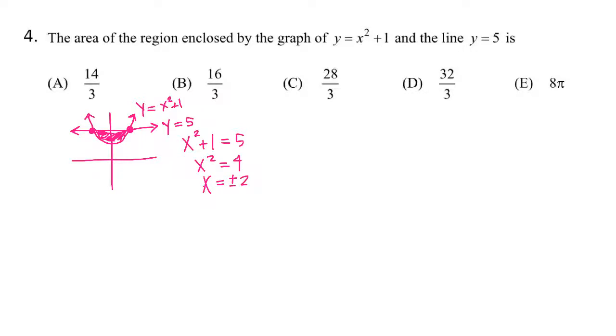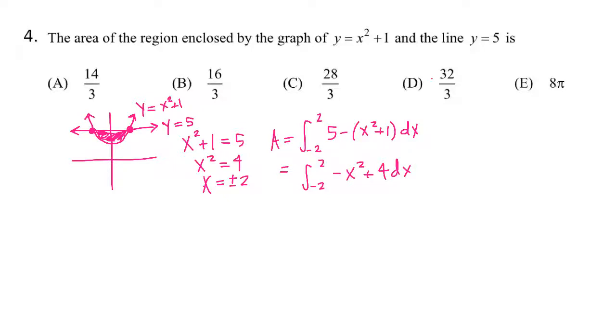So now for area, we integrate from endpoint to endpoint, and it's going to be our top function, which was 5, minus the lower function, which is x squared plus 1. And so we have our integral from negative 2 to 2 of, looks like, negative x squared plus 4 dx.